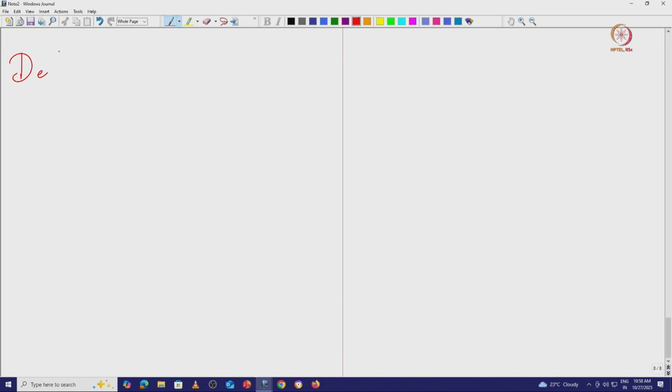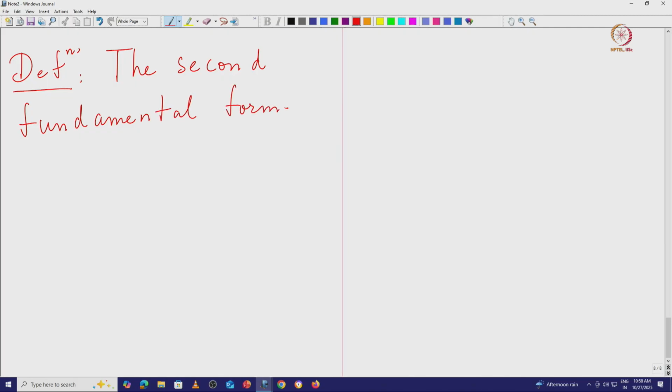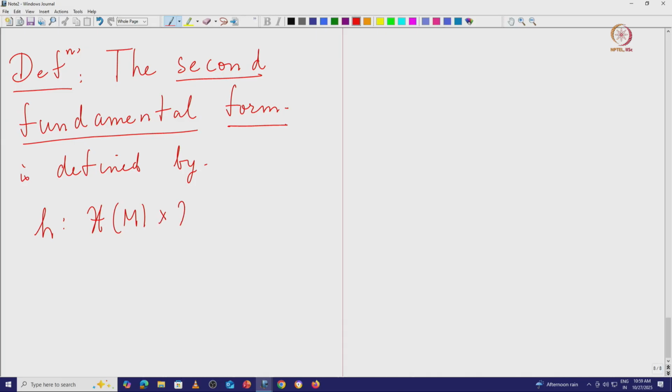So, now I come to the main central definition in this whole subject, namely the second fundamental form. The second fundamental form is a map that takes in two vector fields of M and spits out a real number.